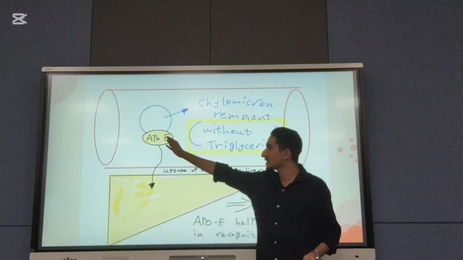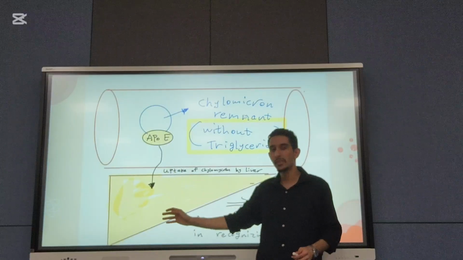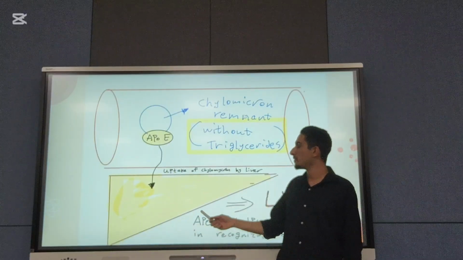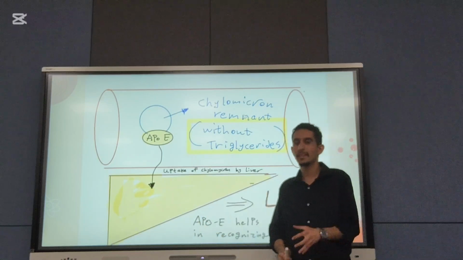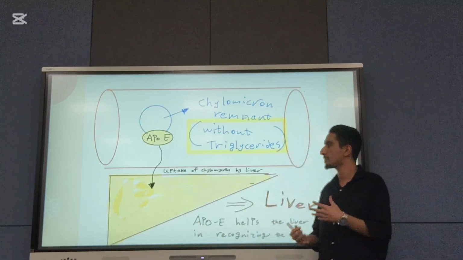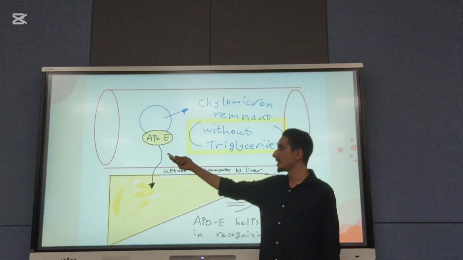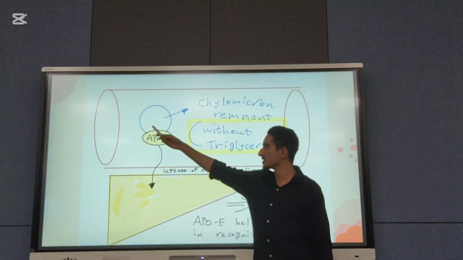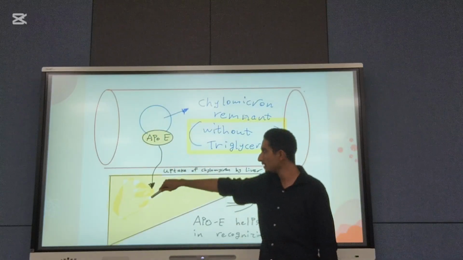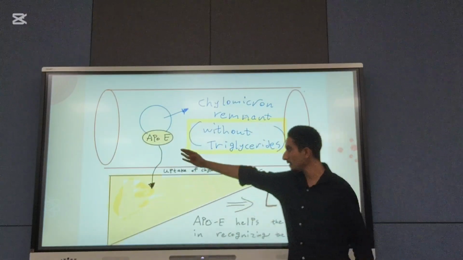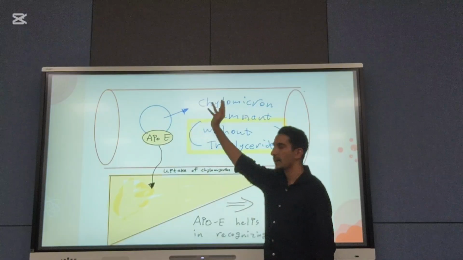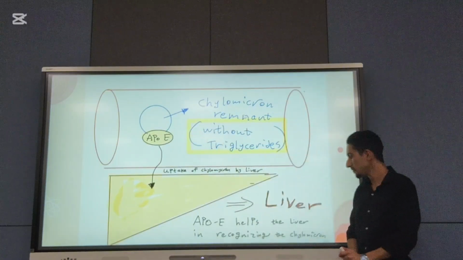So we need this ApoE in order to tell the liver, I belong to you, take me. That's how to explain it. The ApoE makes the liver recognize the chylomicron, so the liver takes the chylomicron in. Without the ApoE, the liver won't take the chylomicron inside it.